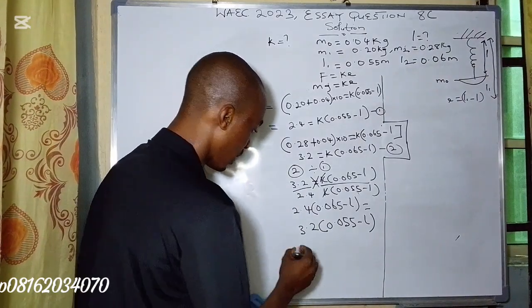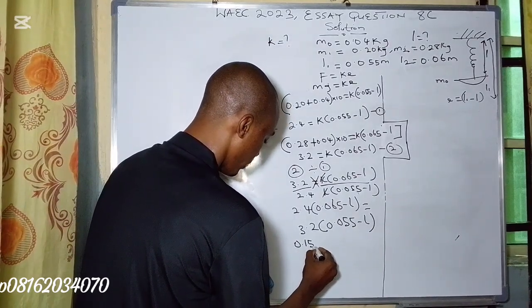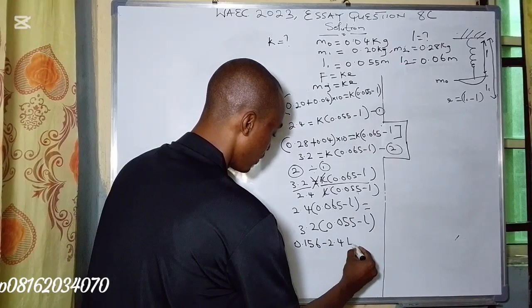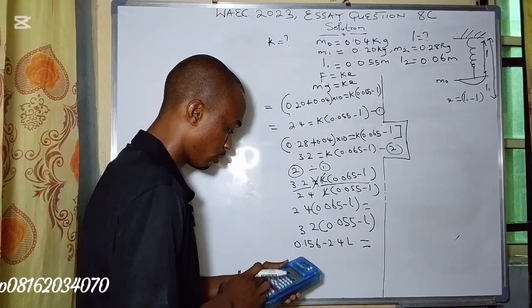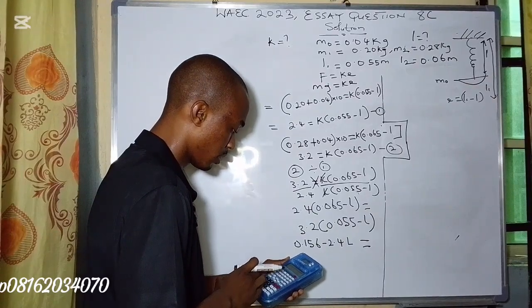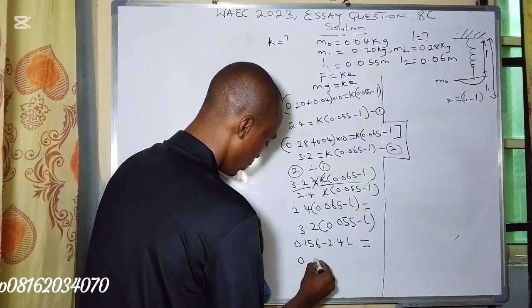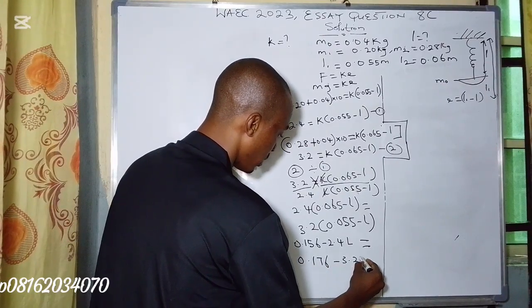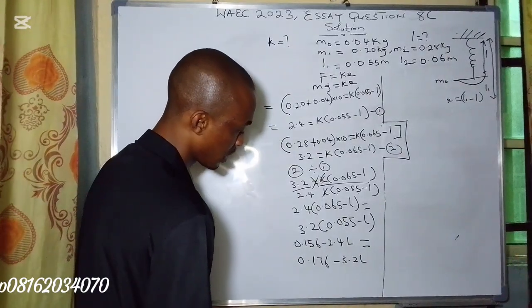What do you have? I'm having 0.156 minus 2.4L to be equal to, let me do 3.2 times 0.055. What do I have? 0.176 minus 3.2L.